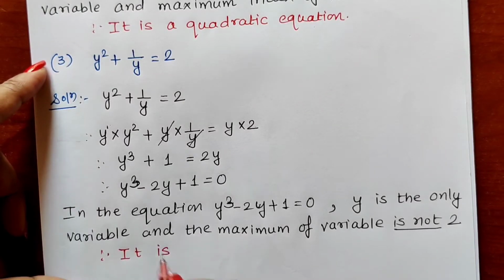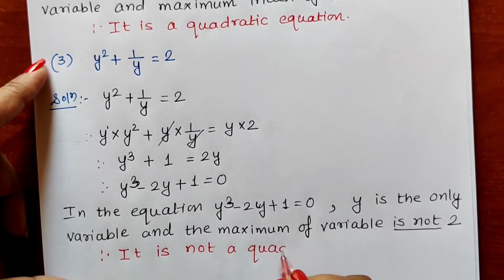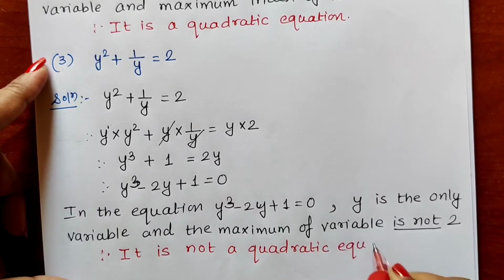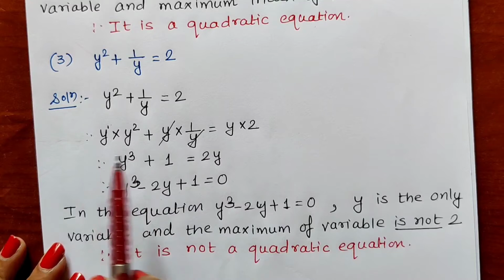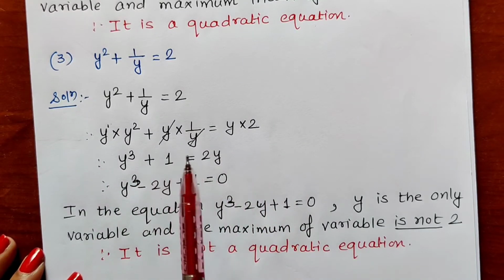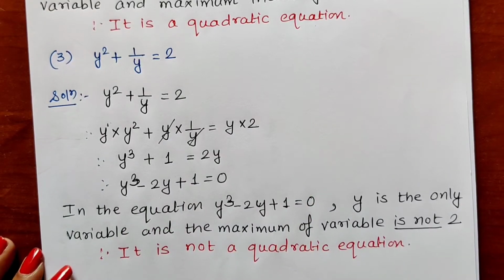Therefore, it is not a quadratic equation. So in this way, first solve the equation, bring all the terms on the left hand side, and then check whether the highest index is 2 or not. If it is not, then the given equation is not a quadratic equation.